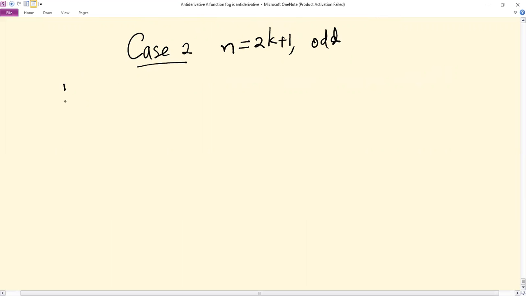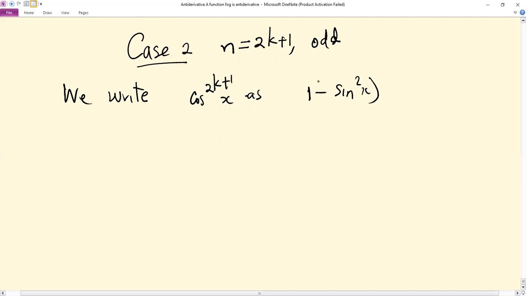So we write cos raised to power 2k plus 1 of x as 1 minus sine squared x raised to power k, and then you multiply by cosine of x.